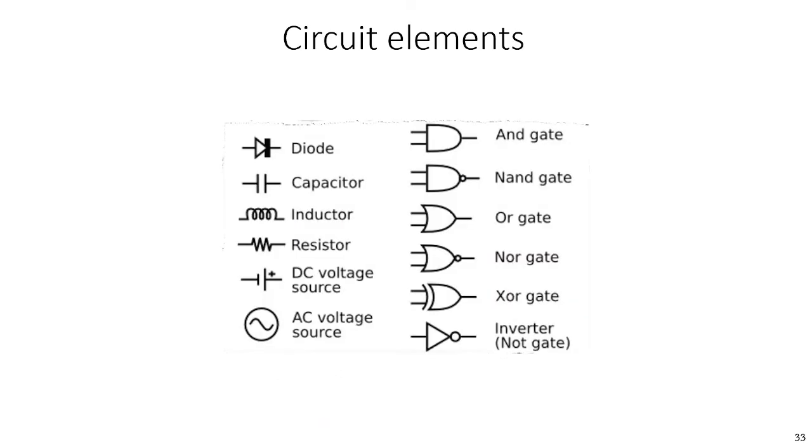These are some basic important elements here. If you see this type of symbol, it means this is a diode. Capacitor, inductor, resistor, voltage source, DC and AC voltage source, for example.